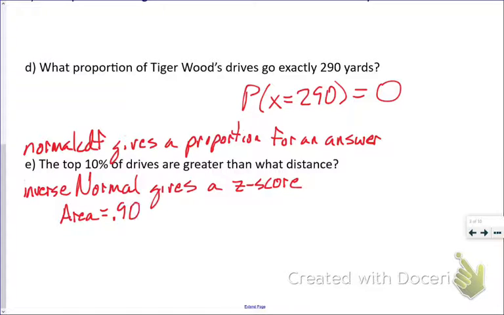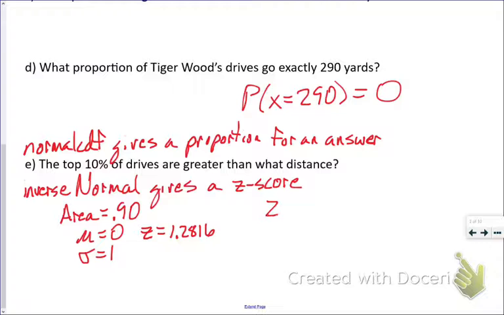So on your calculator, go to normal CDF and look right below it. You should have inverse normal. For area, type 0.9, leave mu as 0, sigma as 1, and it should give you a z-score of 1.2816.